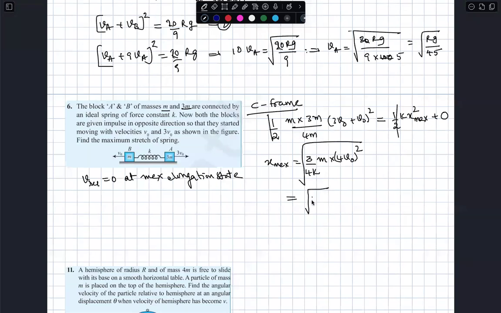So this will be 12 m by k times v0. That's x max. Okay, very simple, straight substitution type question.